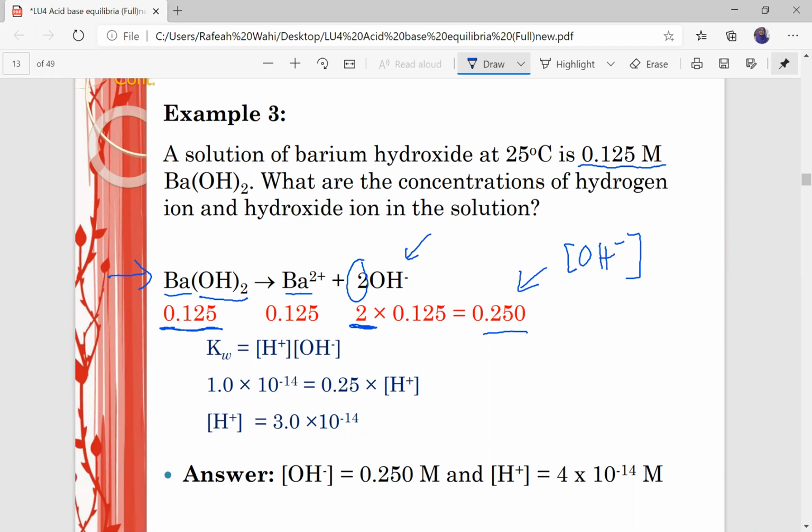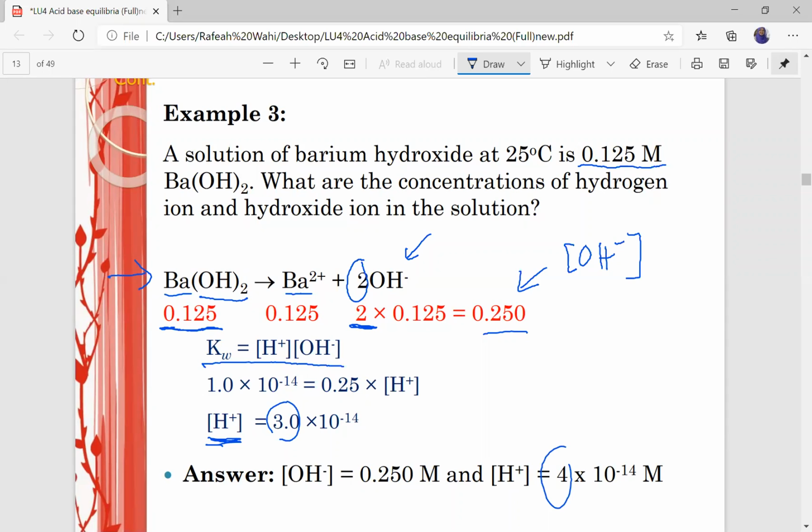So how do you find H plus ion? You use Kw equals the concentration of H plus ion times the concentration of hydroxide ion. From there, you can find what is H plus ion. Okay, so you get the answer. I don't know, is it this one or this one?